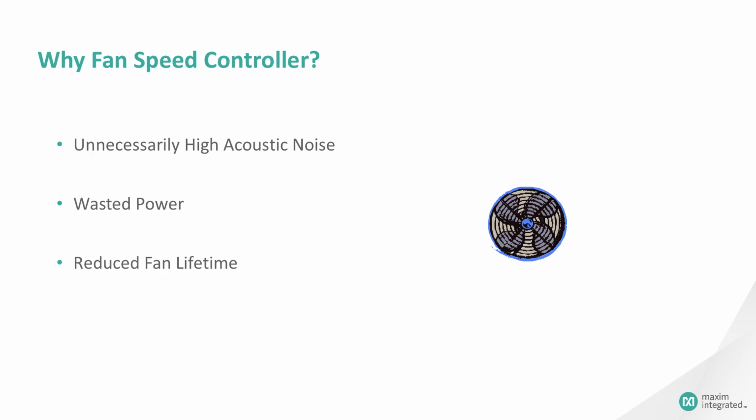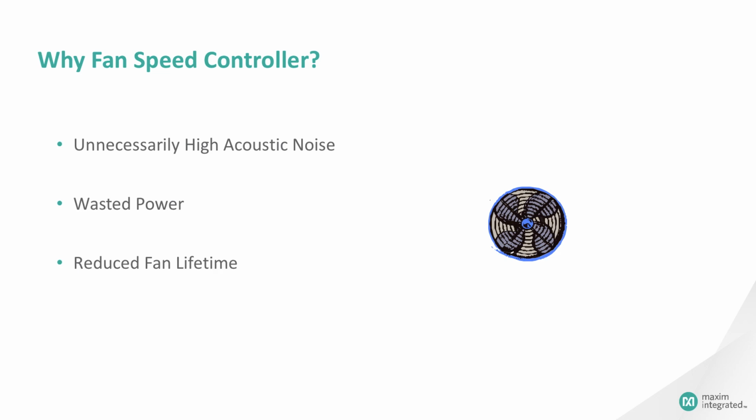However, the system will not normally be operating under worst-case conditions. In fact, the amount of time a system spends at or near the worst-case thermal conditions is often a small fraction of the system's operating life. Therefore, constantly running the fan at its nominal or full speed is not necessary.